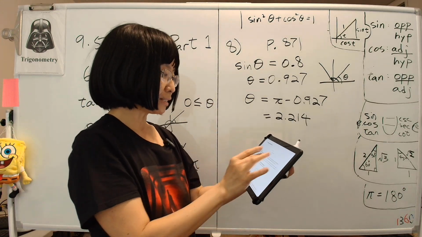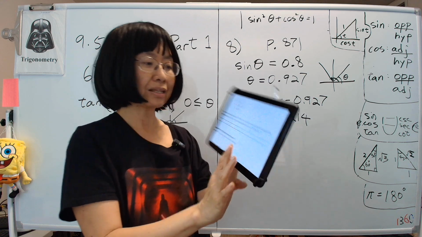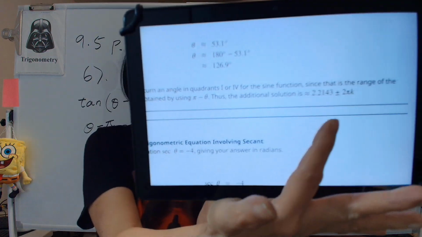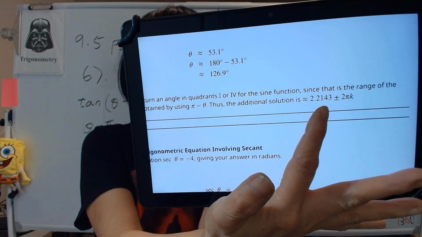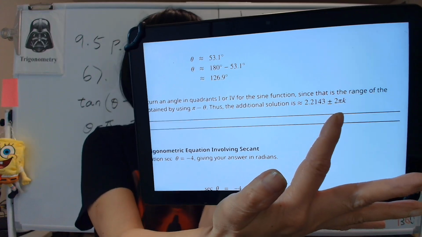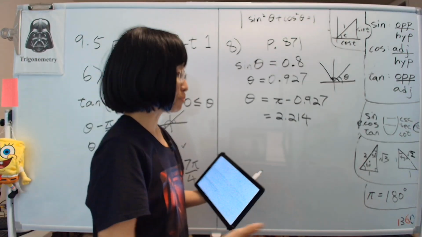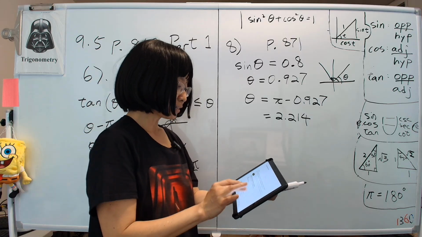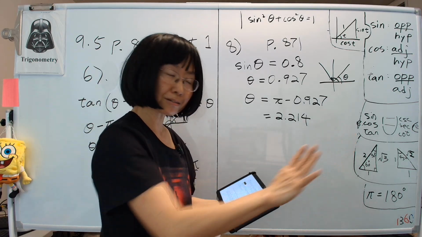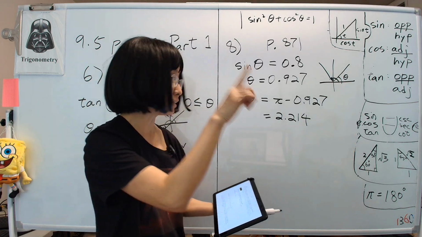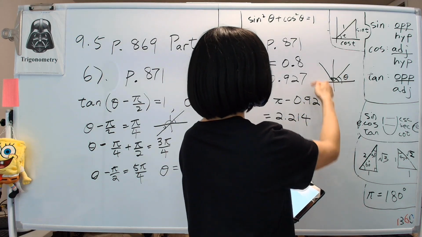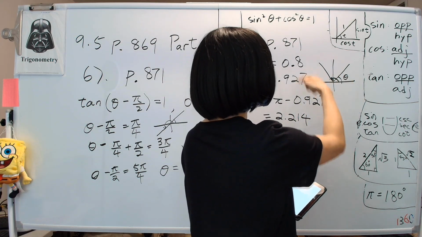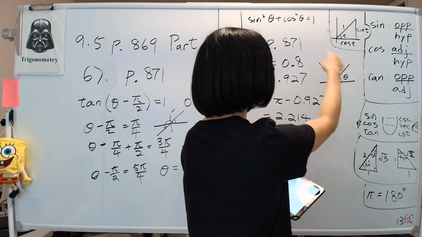The other solution is the same way: 2.21, etc., and you always do the plus or minus 2 pi k business. That's if you want to include every single possible solution as you spin around and get here again, to 2 pi, to 4 pi, or even spin it backwards.